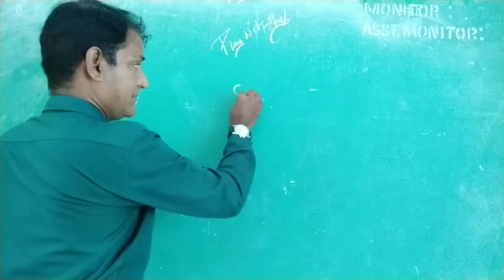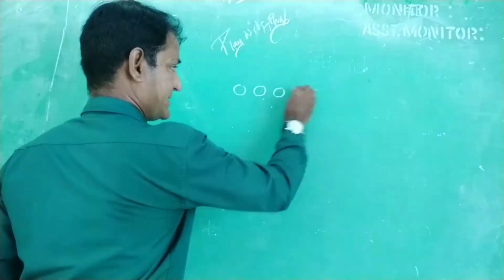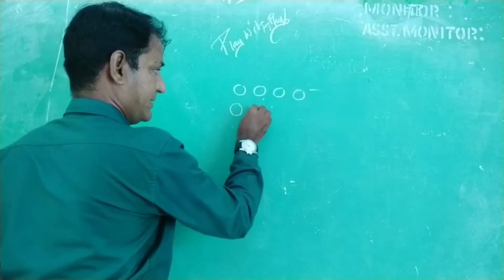See, for example, there is a crowd of people here. These circles represent the crowd of people.